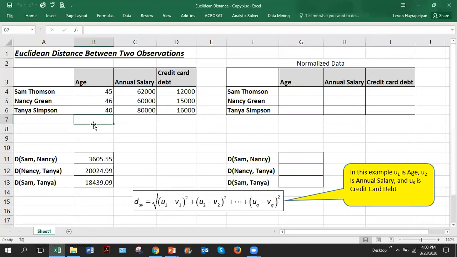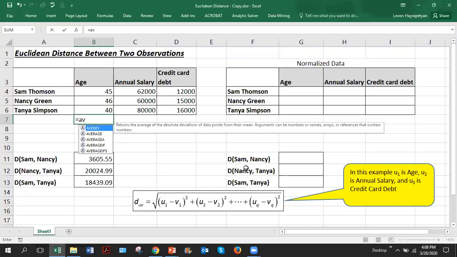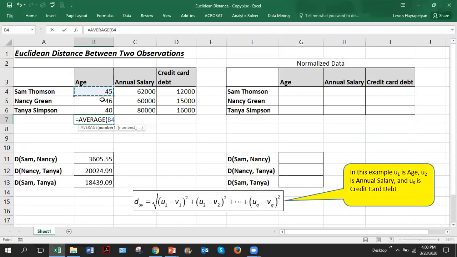So let me calculate the mean of ages. The function used to calculate the mean in Excel is called average, a very commonly used function. So the average age is this. So this will be the mean.